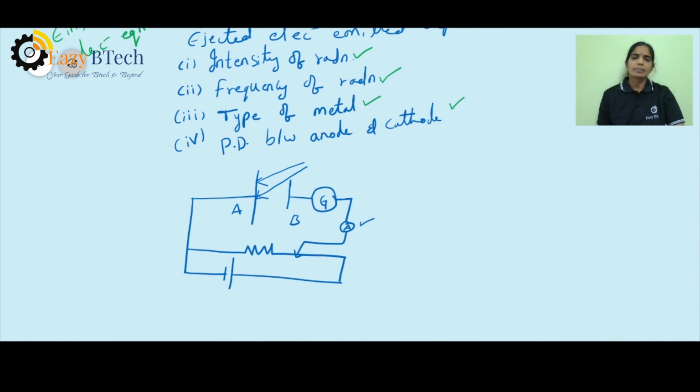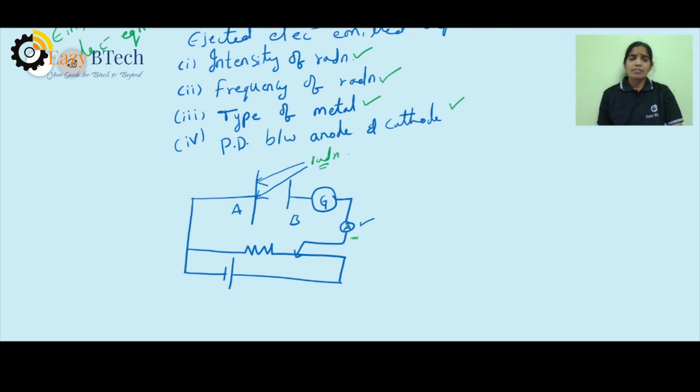So have a look at your Hertz experiment. This is your cathode, that is, your metal plate acting as a cathode here. When a radiation is incident onto this metal plate, electrons are ejected from the metal surface, and these constitute the current measured through the ammeter. Here point A, the cathode, the negative terminal, is connected to the negative terminal of the battery, and the anode plate B is connected to your potential divider, which is given for your battery.